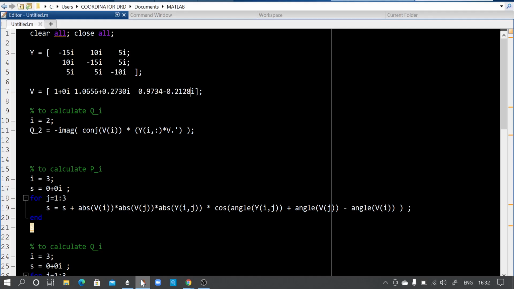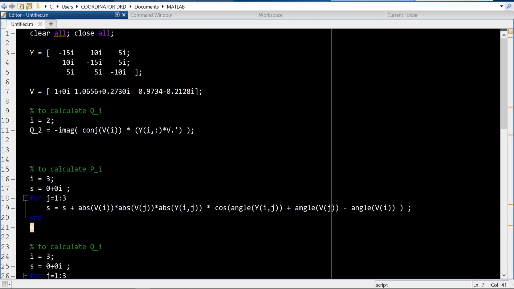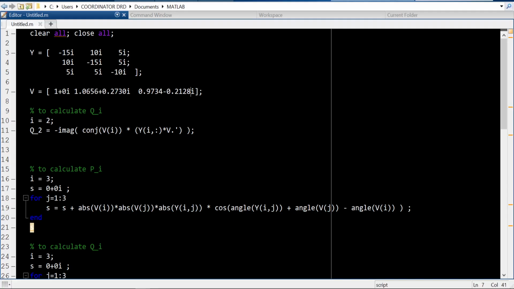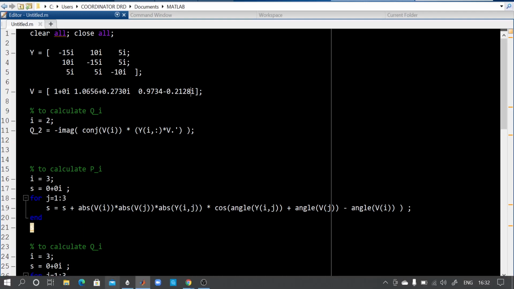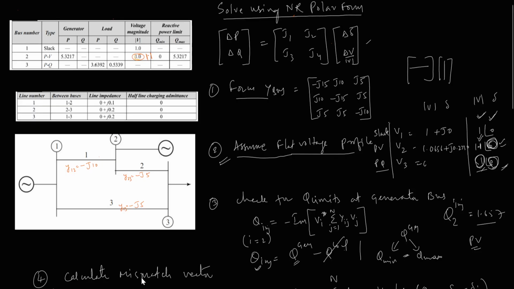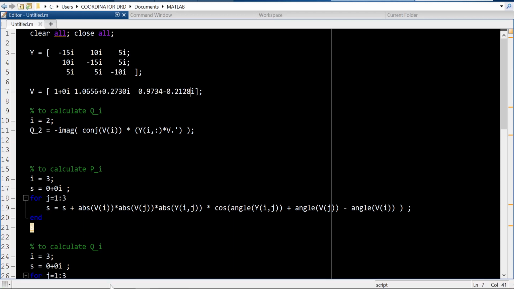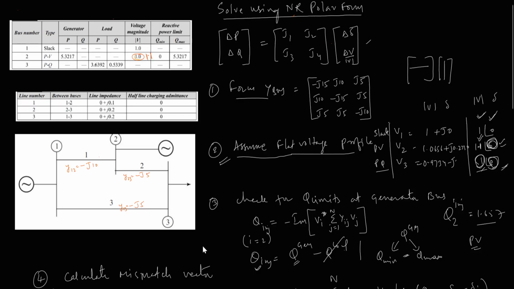Imaginary part is 0.2730, and the other one is 0.9734 minus J 0.2128. So now we have got a new set of voltages and we have Y bus with us.